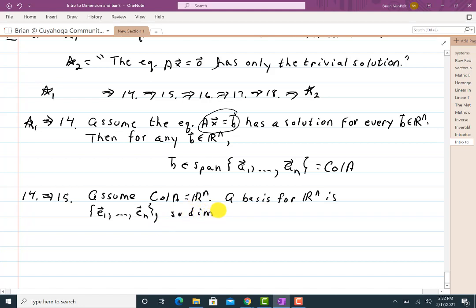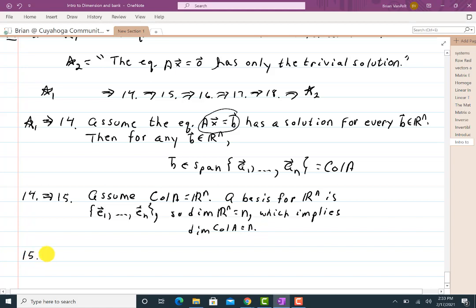So the dimension of Rn equals n. Remember, the dimension is defined as the number of vectors in any basis, which implies dim Col A equals n.